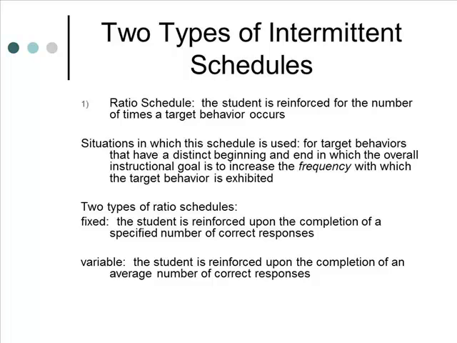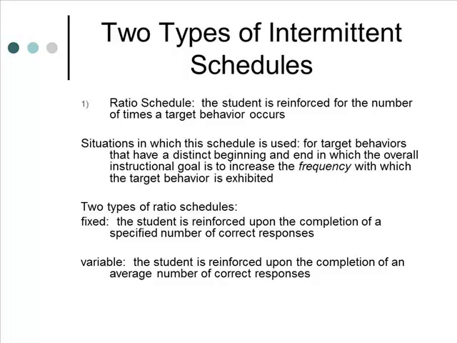This keeps the student expecting reinforcement, but yet is not as hard and fast as the fixed ratio schedule, and therefore not as predictable, which actually works to increase student participation because they don't know when reinforcement exactly is going to come.